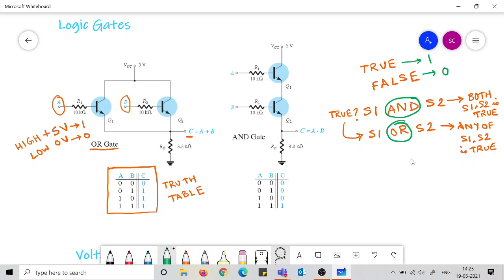abstract concepts. So how is this abstract concept getting manifested in physical hardware? Just spend a moment reflecting on this. This is very beautiful actually, and this is how the world actually works.